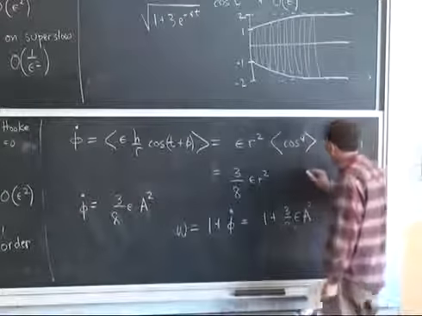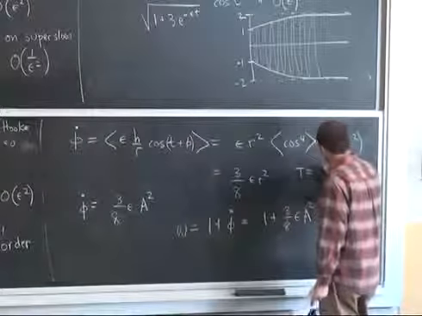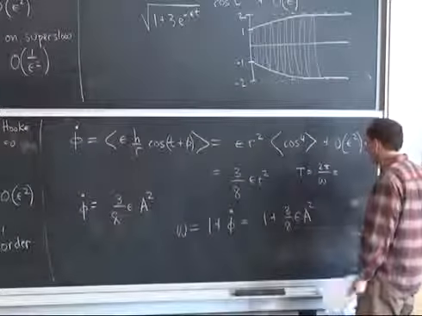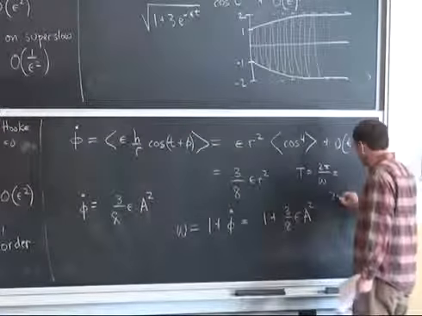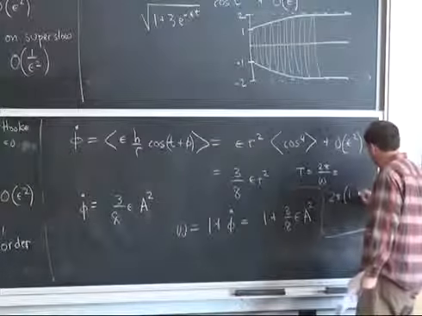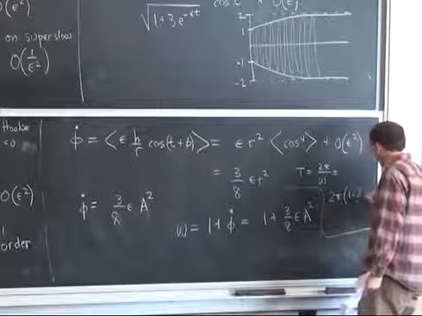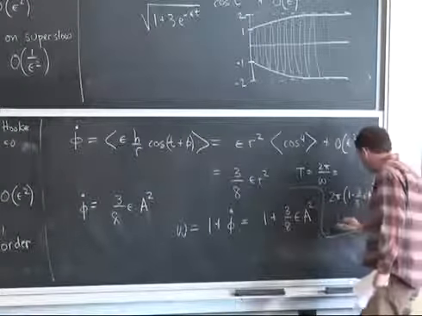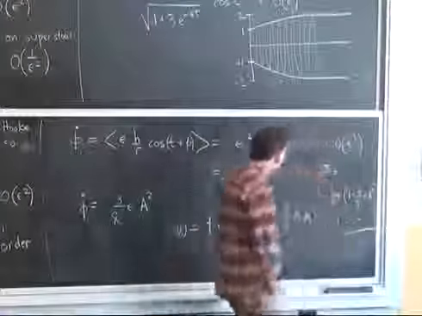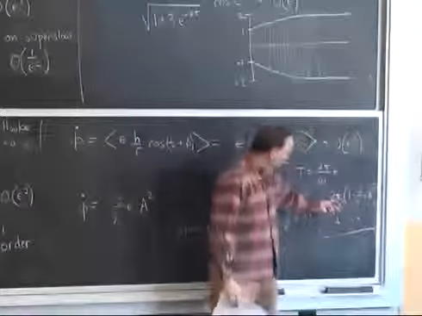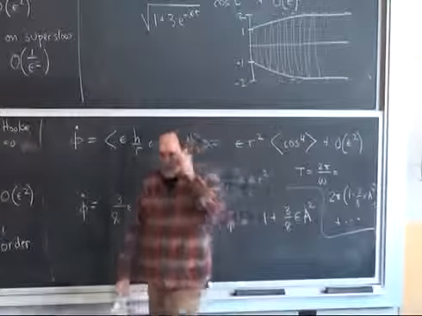Or in terms of the period, you could say 2 pi over omega. That's going to be, to leading order, 2 pi and then 1 minus, you can check, 3/8 epsilon a squared, plus additional correction terms of higher order in epsilon. So it's, as I said, at larger amplitude, the period will be less, but by that exact amount.